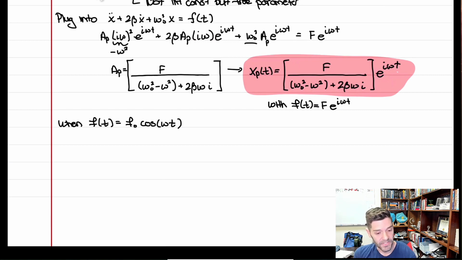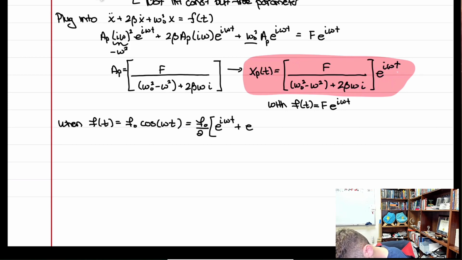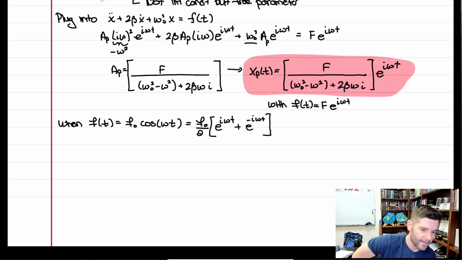Well, it turns out everything we just did can be very helpful, because I can again use Euler's identity and note that I can write the cosine as e to the i omega t plus e to the negative i omega t, all divided by 2. That is an identical way of writing cosine. So I'm writing a real function, cosine of omega t, as the sum of two complex exponentials, but I know that when I add them together, I get something that is real.